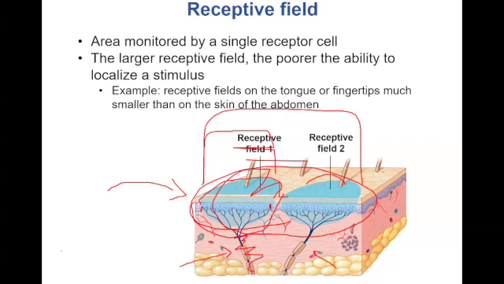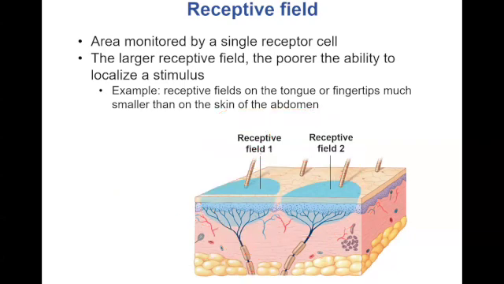Okay. But if the area is being monitored by smaller and more numerous receptive fields, bringing in a caliper that's only that far apart, for example, you'd be able to feel it as two separate points. And again, the example that we give is that your fingertips are going to have a high density of independent receptive fields.